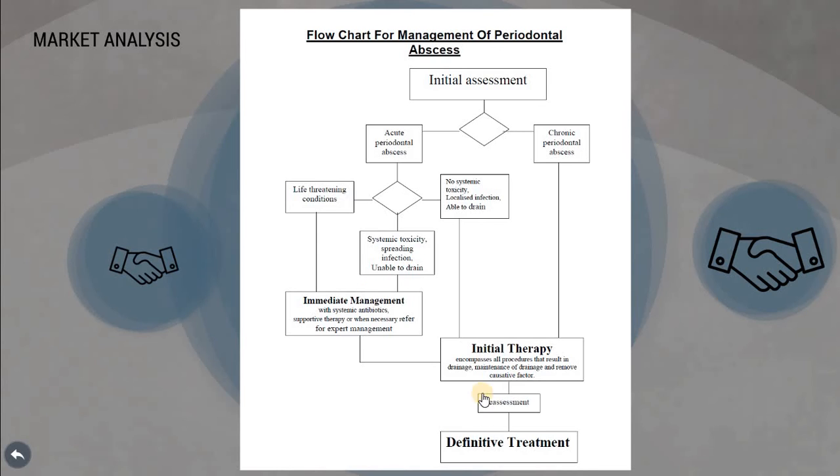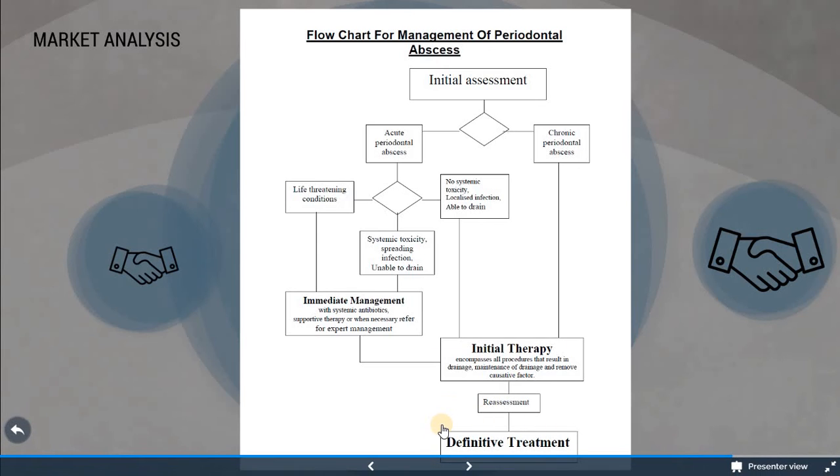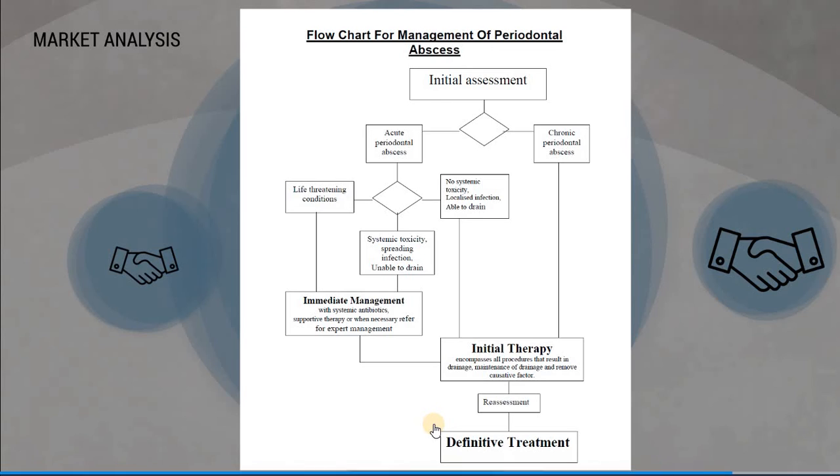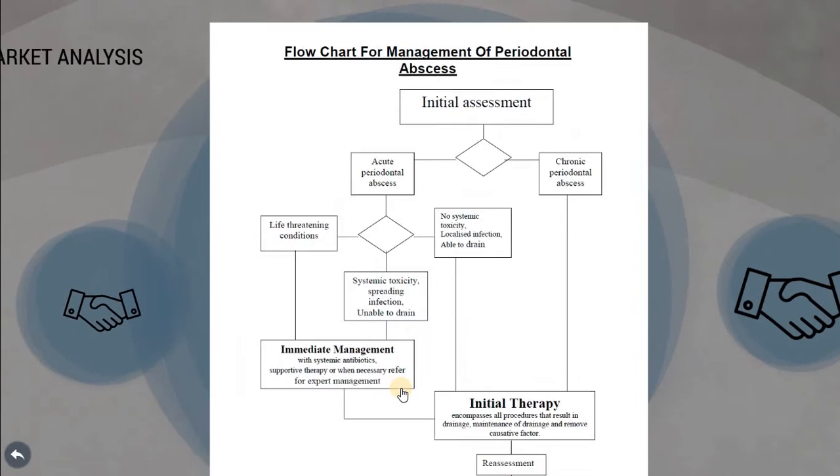Also, reassessment is necessary for both chronic and acute ones, and we reach a definitive therapy. When we give an antibiotic, when we do a drainage, then we see the patient each time to confirm the definitive treatment. So this is how we treat an abscess.